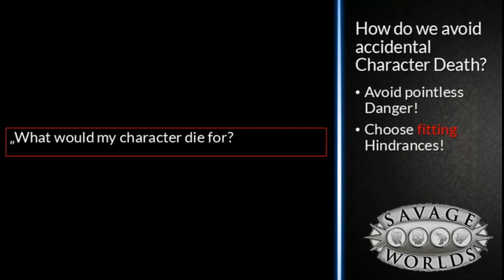And a good way of finding out if those hindrances are fitting is to ask yourself, what would my character die for? Because essentially you might. It's a hindrance, it's something that is a flaw, maybe even a fatal flaw of your character. You might die for that. So the question, what would your character die for, is one you should ask yourself in character creation.